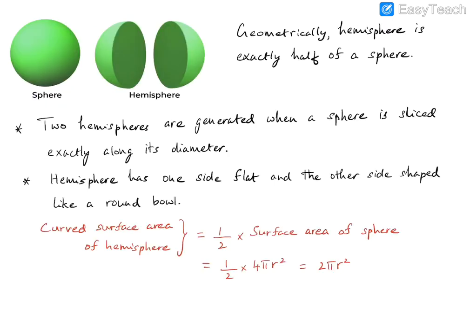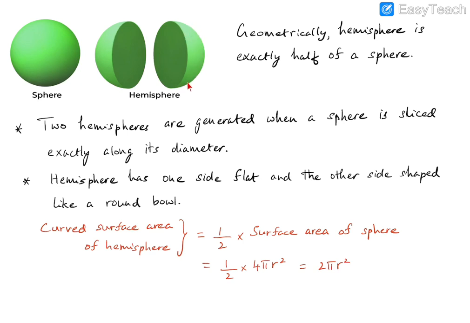However, in a hemisphere, when we cut the sphere into 2 equal parts and get hemispheres, each hemisphere has one flat side. So this part, which is shown in dark green here, is the flat part, and the other side has a rounded shape, which is basically in the shape of a ball. So that rounded shape has a certain area. So the surface area of a hemisphere has 2 components.